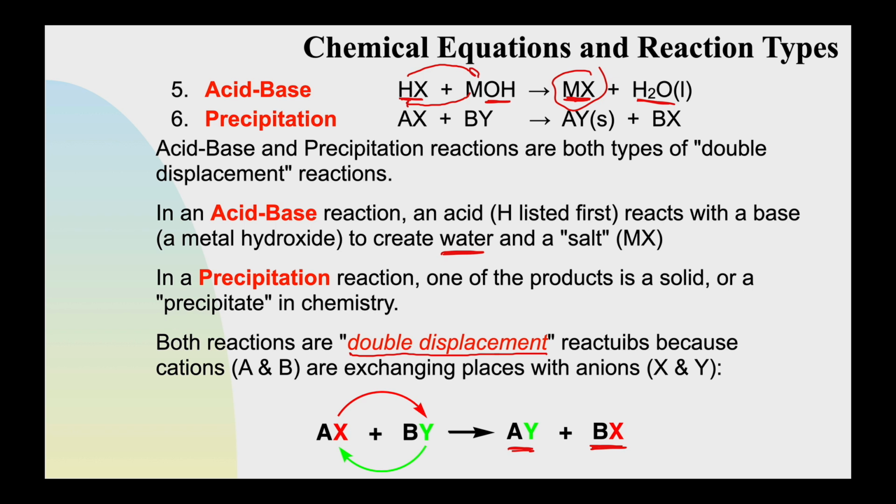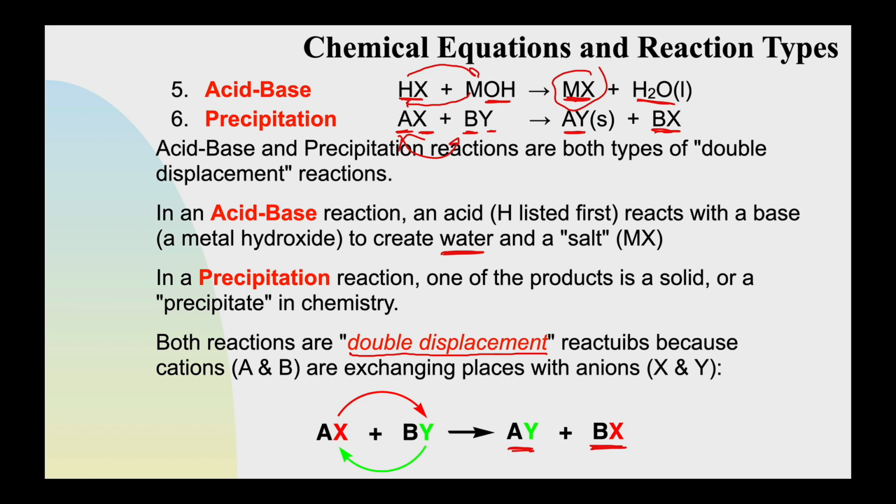Now, a precipitation reaction is similar. You've got A metal and B metal, and they're currently dancing separately with X nonmetal and Y nonmetal. And you can see here, once again, A and B are trading places, so you end up with AY and BX.